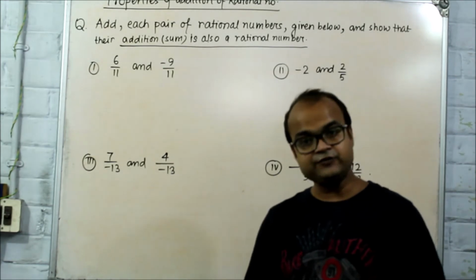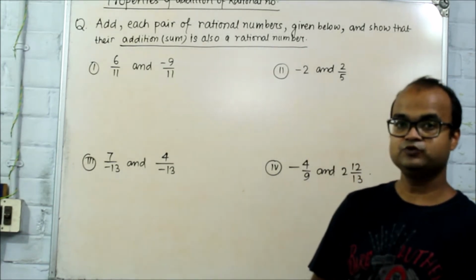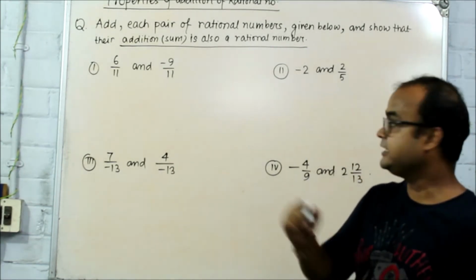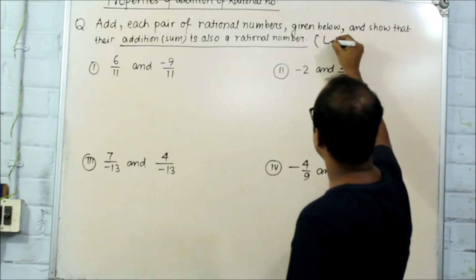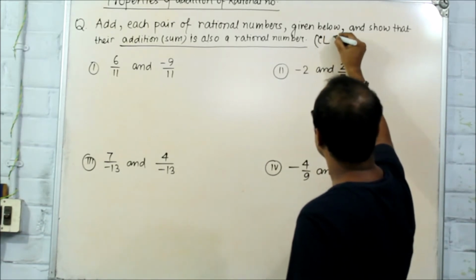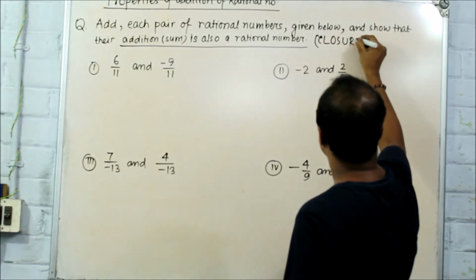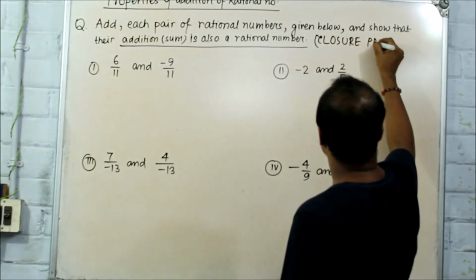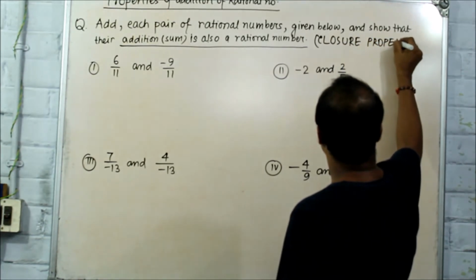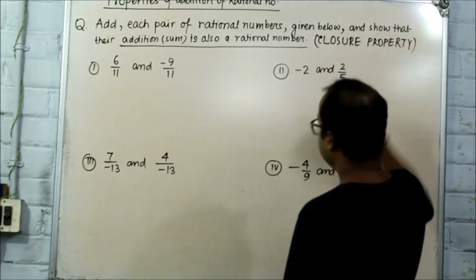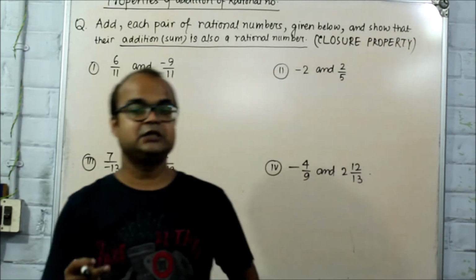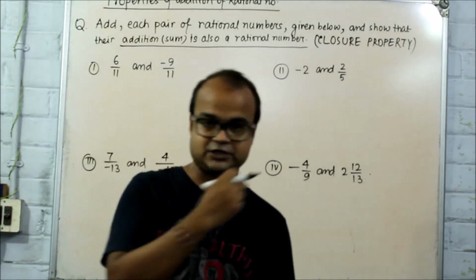Can you identify the property which we need to verify? We need to verify the closure property. What is the closure property? Addition of two rational numbers is also a rational number.